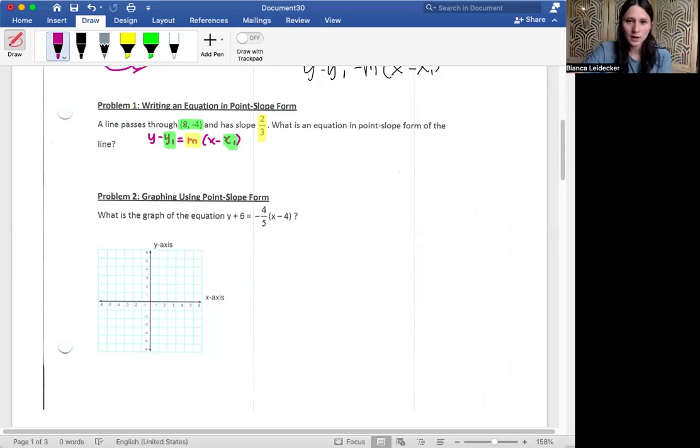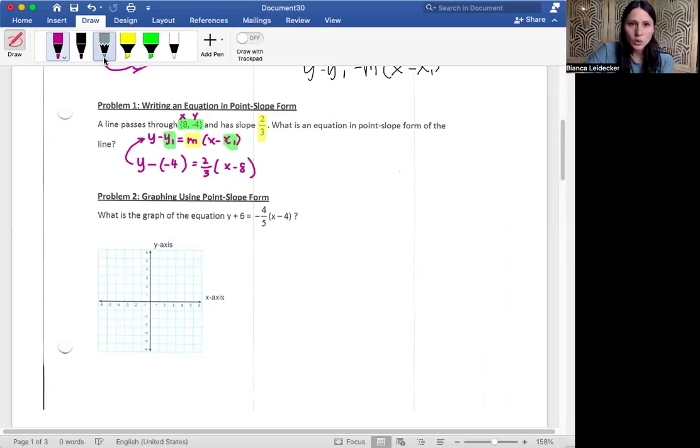In this point, what's your x and y? y is -4. So we would rewrite this equation as y minus -4 equals 2/3 times x minus 8, because the standard equation from the template is subtraction. So we're going to keep that as minus.